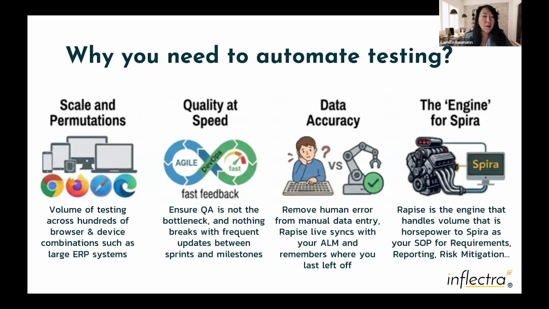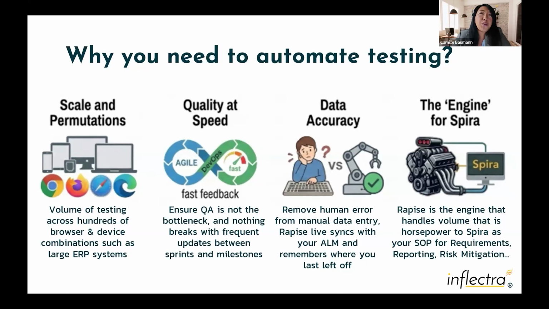Whether it's an SAP Oracle implementation, a Salesforce implementation, or even a Dynamics implementation, Rapise allows you to build the libraries, even on SAP, Tech One, custom ERP systems. You can build a framework library that remembers where you last left off and execute testing at scale and high volume intensity with the different permutations around browsers and device combinations to save you time.